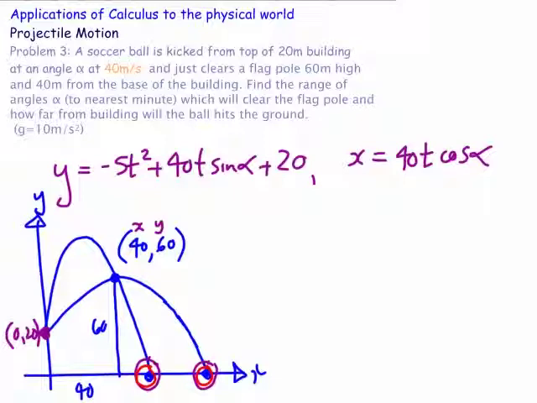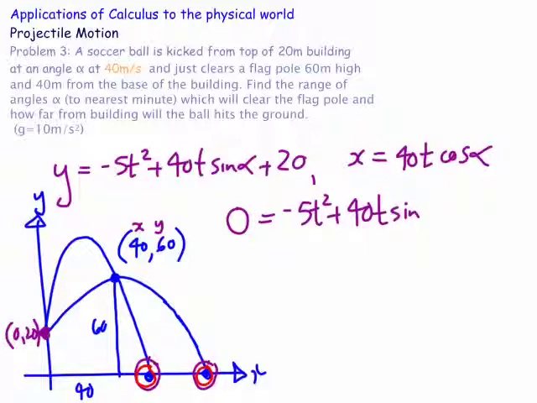We know 0 will be equal to, its y position is 0 when the ball lands, minus 5t squared plus 40t sine alpha plus 20. Now we just divide by 5, 5 goes into everything. So let's have a look. Minus t squared plus 5 eighths of 40.